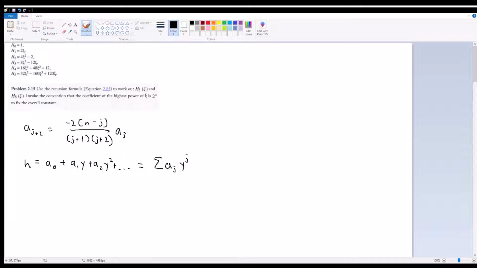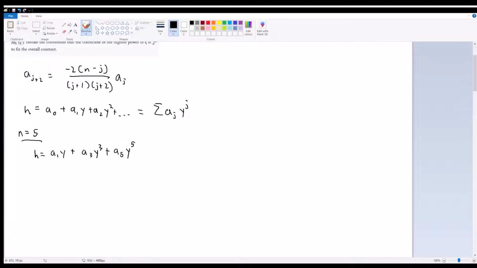So let's start right away with n equals 5. If n equals 5, this is odd, so that means we're going to be dealing with an odd series. H is going to be a1 times y plus a3 times y cubed plus a5 times y to the 5th. And the series terminates at the 5th coefficient, so there's no a7 or higher. Now, let's start plugging into the recursive formula.